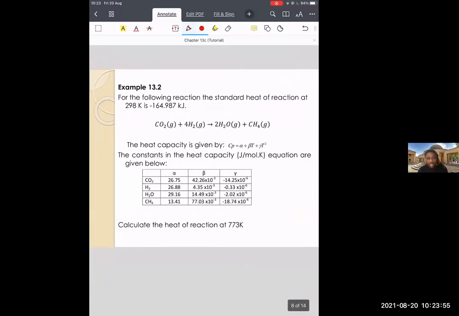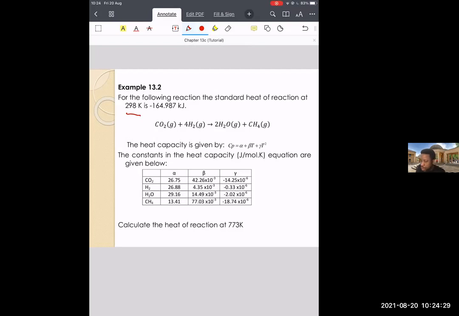So example 13.2. I want us to be very attentive as we continue, because there are some salient points that will be made. For the following reaction, the standard heat of reaction at 298, remember, as we've emphasized, we will always work for standard processes at 298 Kelvin, is 164 point.